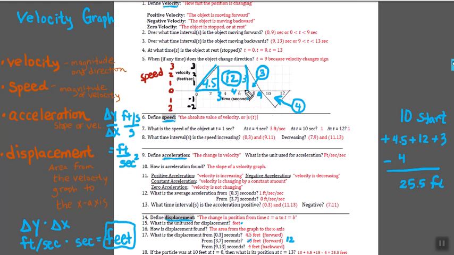That's the area of the triangle from 7 through 9. So that's 3 by 2, half of that is 3. So this is all of the forward movement: 4.5 feet, 12 feet, 3 feet. And we went backwards 4 feet. That's the area from 9 to 13. So we ended up at a position of 25.5 feet if the particle started at 10 feet from the beginning of the problem.